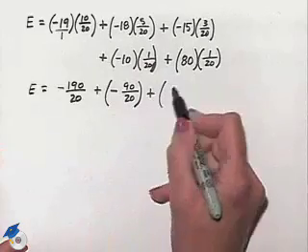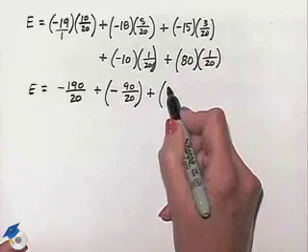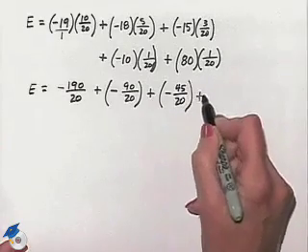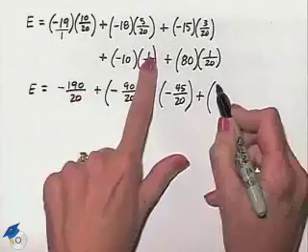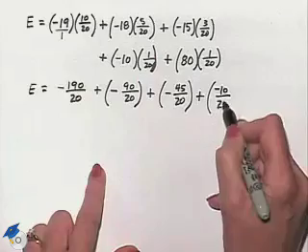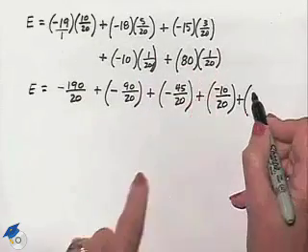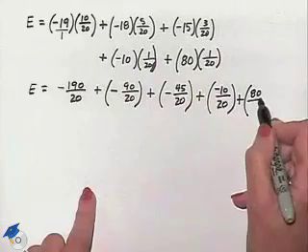plus we're going to have negative 15 times 3, that's negative 45 over 20, plus we're going to have negative 10 times 1, that's negative 10 over 20, plus, and then we have 80 times 1 over 20, and that's going to be 80 over 20.